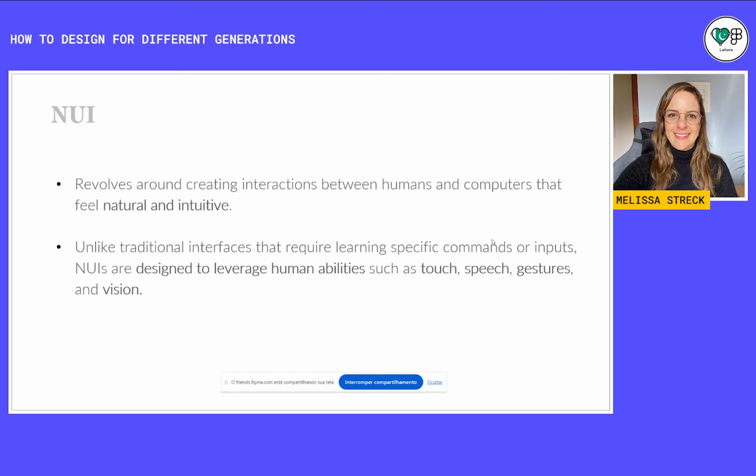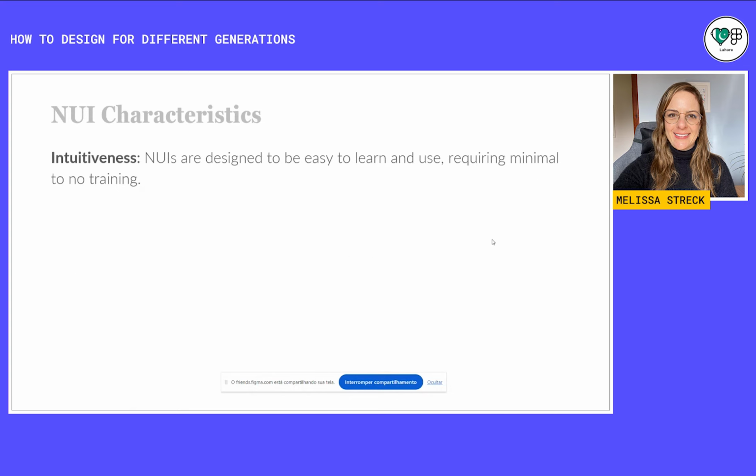Unlike traditional interfaces that require learning specific commands or inputs, natural user interfaces are designed to leverage human abilities such as touch, speech, gesture, and vision. This is something that already happens, and it's very achievable to create interfaces that go in this direction. Here are four characteristics of the natural user interface.